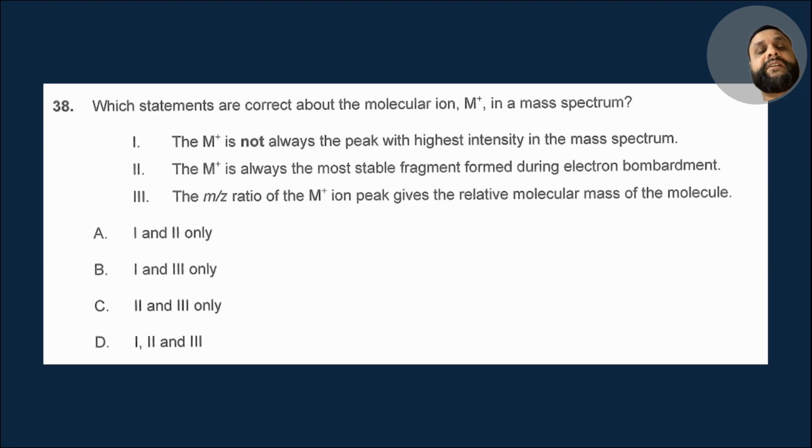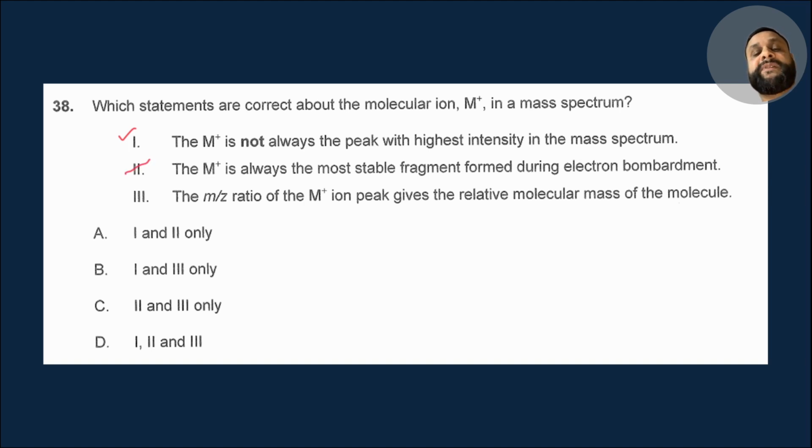Question 38. Which statements are correct about the molecular ion M+ in a mass spectrum? So statement 1. The M+ is not always the peak with the highest intensity in the mass spectrum, which is correct. Number 2. The M+ is always the most stable fragment formed during electron bombardment. No. It is the heaviest.